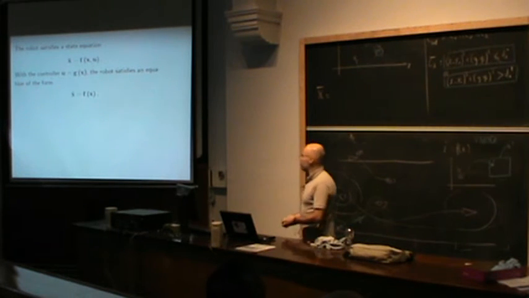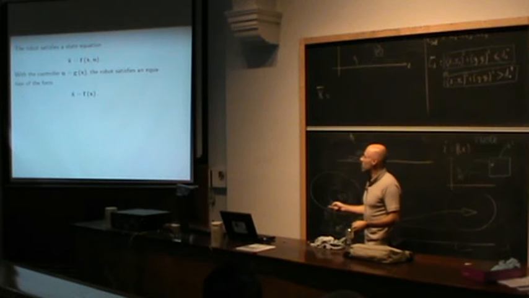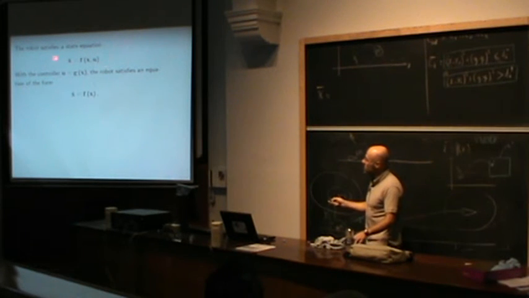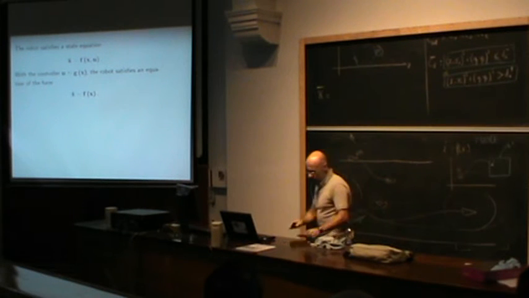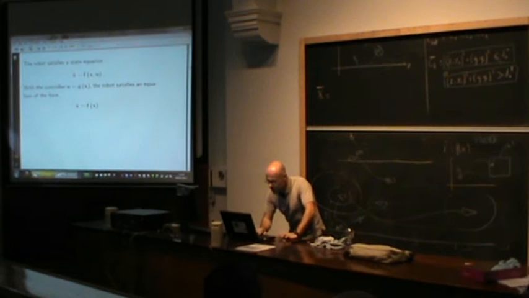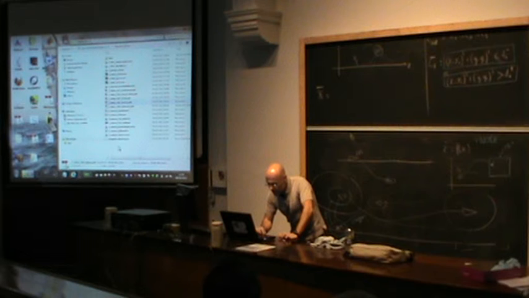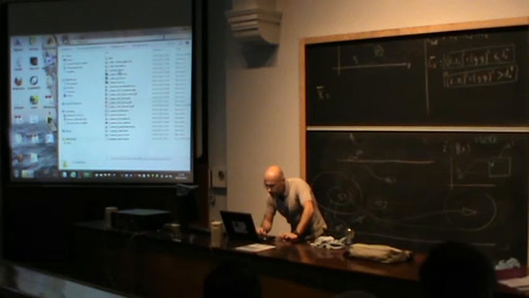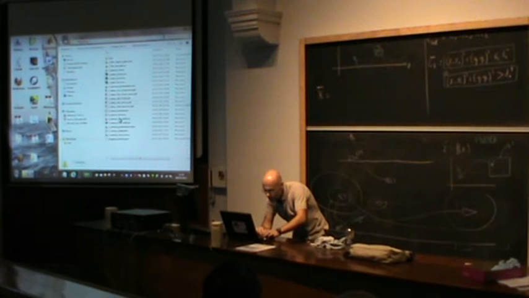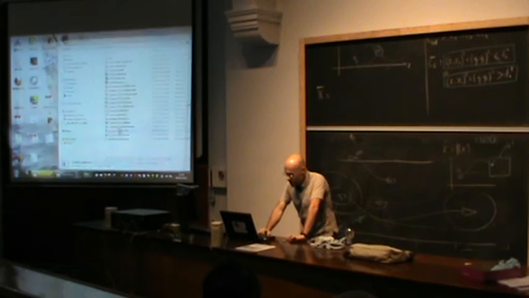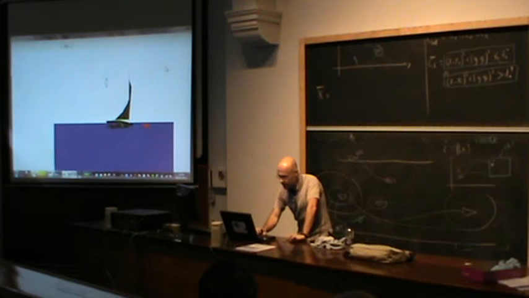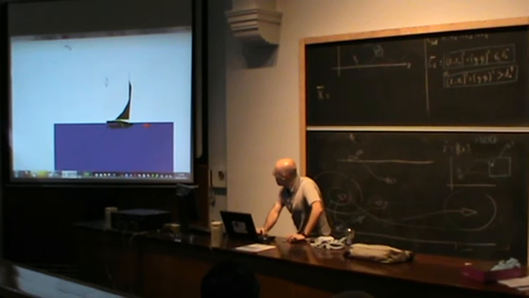So first of all, for us, a robot, or a sailboat, is a state equation. A state equation describes the dynamics of the system. For instance, here you have the boat and a state equation.